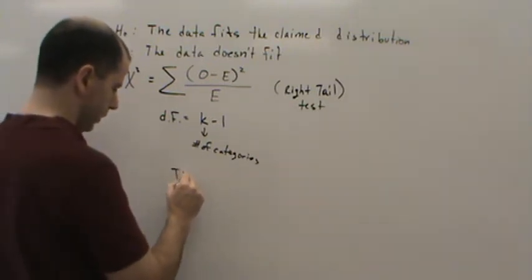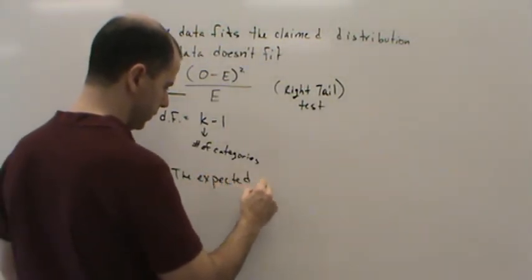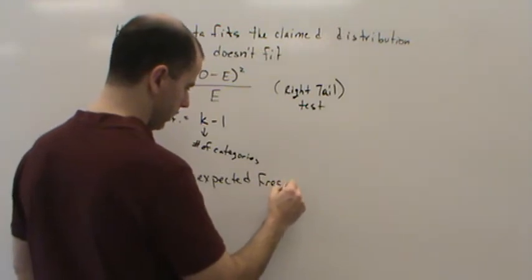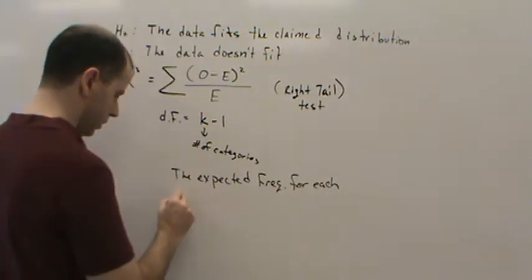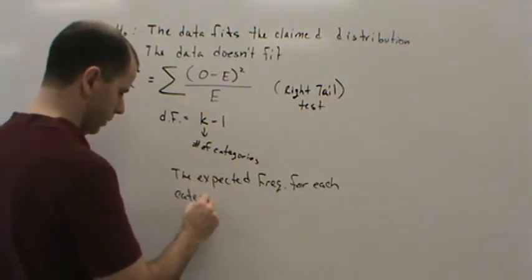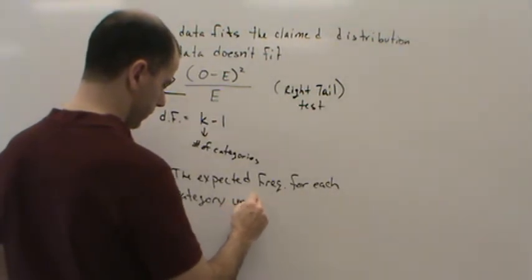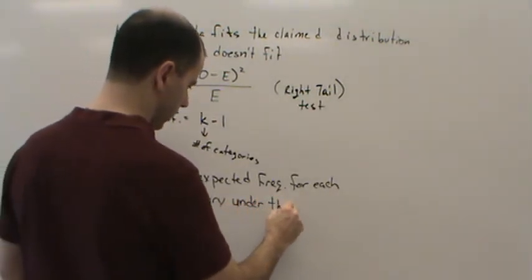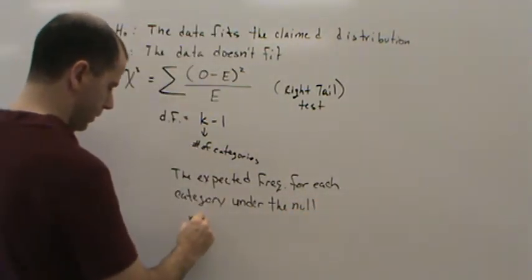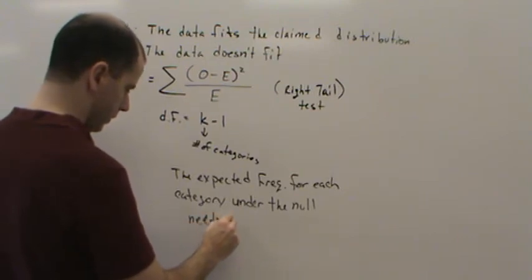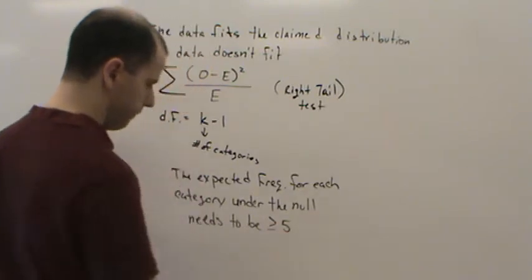So the expected frequency for each category under the null needs to be greater than or equal to 5.